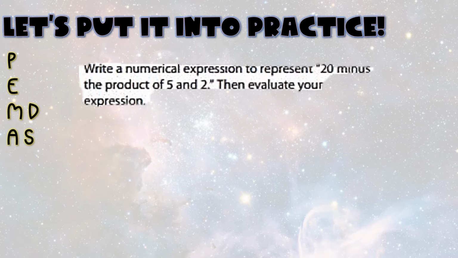So whenever I see 20 minus the product of 5 and 2, it looks something like this. I have my first number, which is 20, minus, which is subtract, the product of 5 and 2. So whenever you look at this, I wrote exactly what's there, but not exactly.